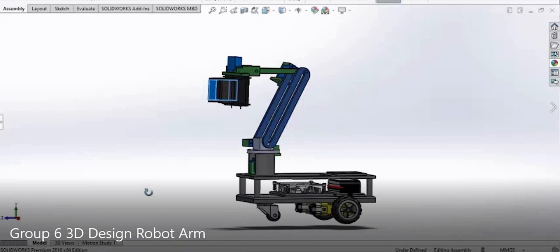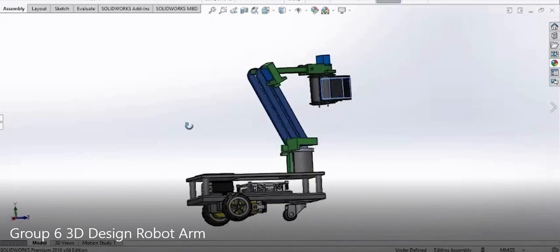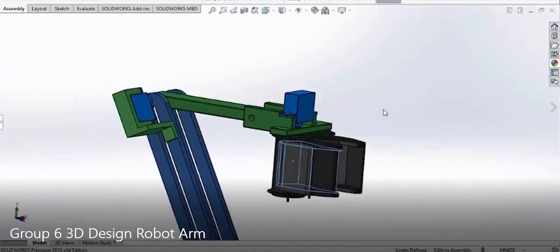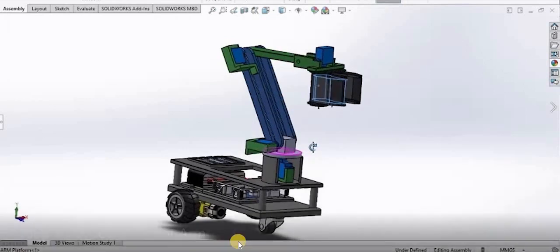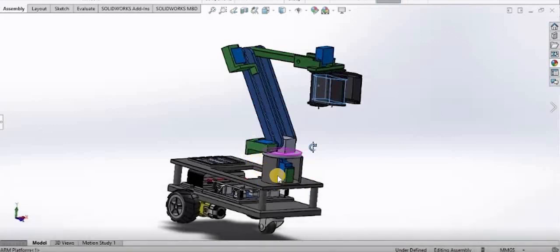Before that, I would like to have a better view of the structure. Okay, I think here is good enough. About the structure of the robot arm, in the making process, we divide the structure into two groups.